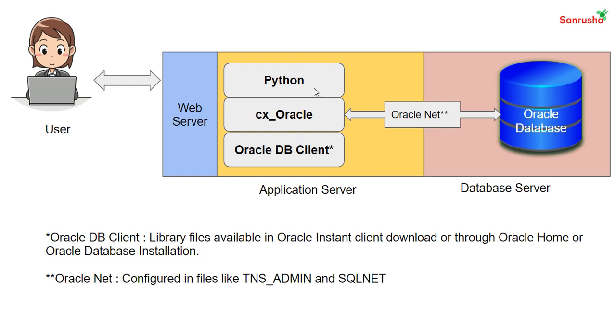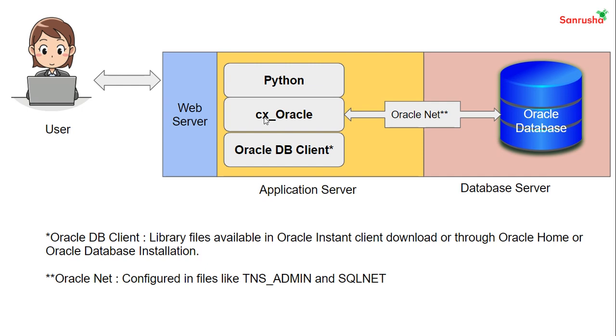Now, how will your Python application connect to these libraries on your application server? That is an interesting piece. That is where Oracle provides the cx_Oracle library, a Python library.